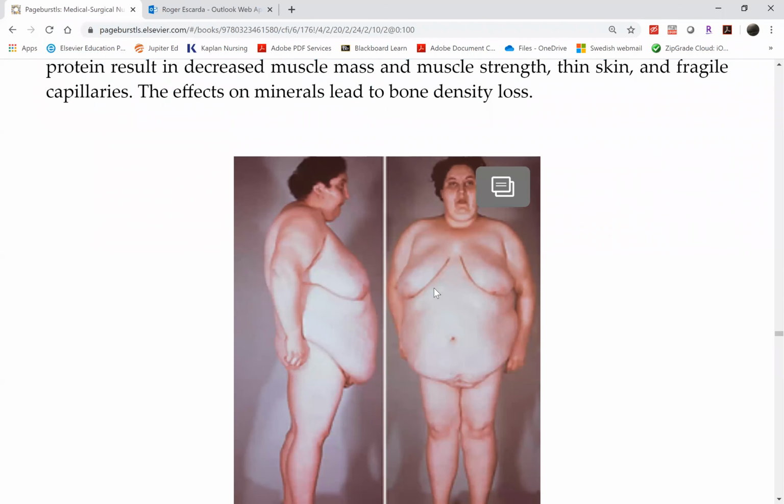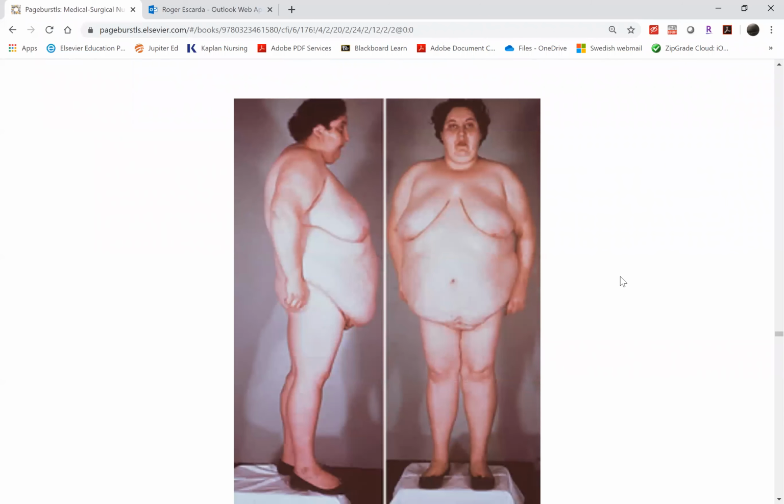Here you have your truncal obesity. We didn't take this patient's blood pressure, but we can assume this patient has high blood pressure. And this patient has high aldosterone, so the sodium is high and potassium is low. The patient's blood sugar will be high.